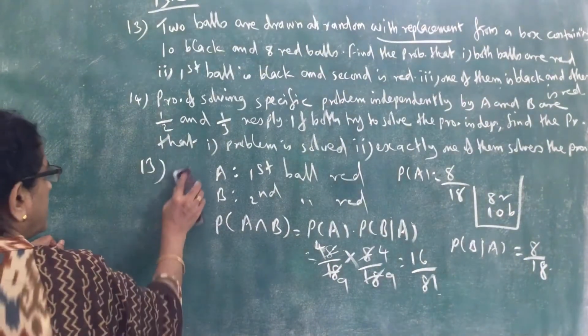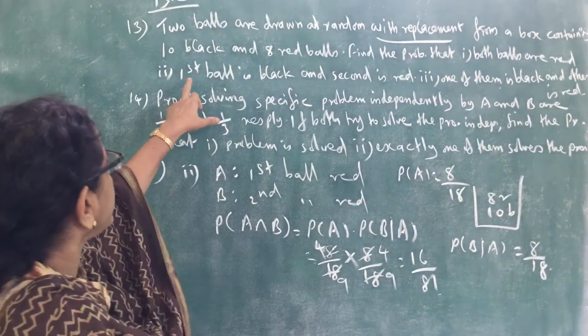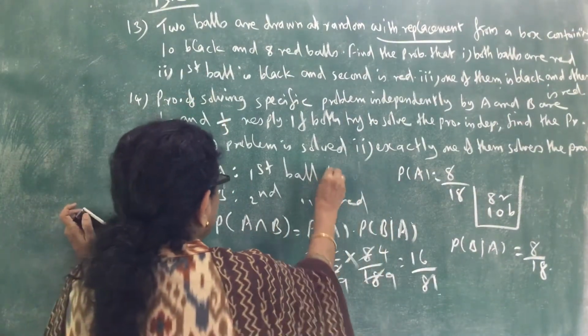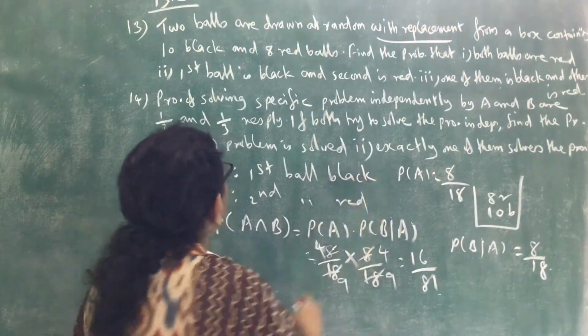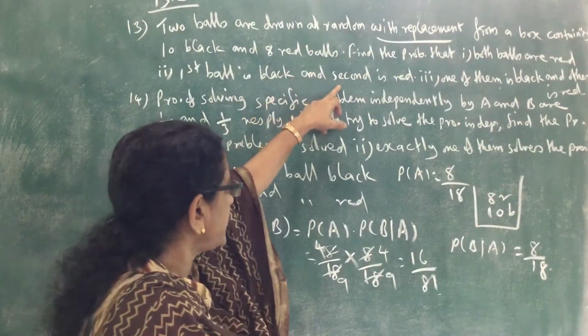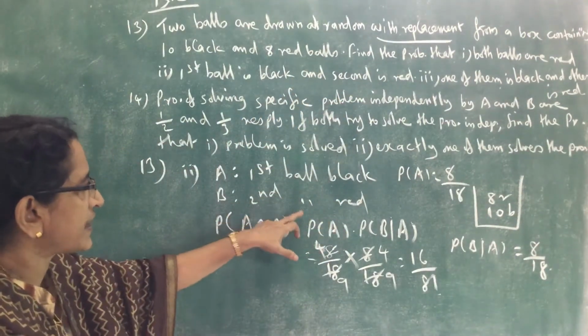Now the second one. Find the probability that the first ball is black and the second is red. So A is the event that the first ball is black and B is the event that the second ball is red.